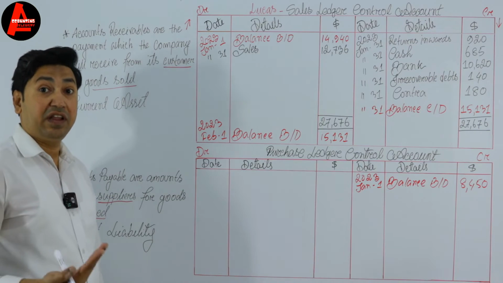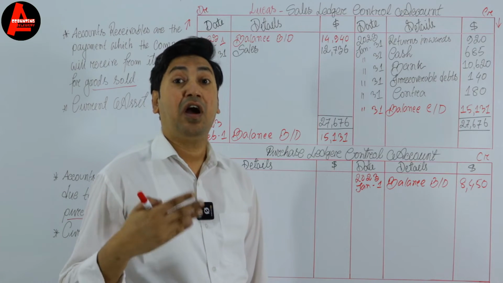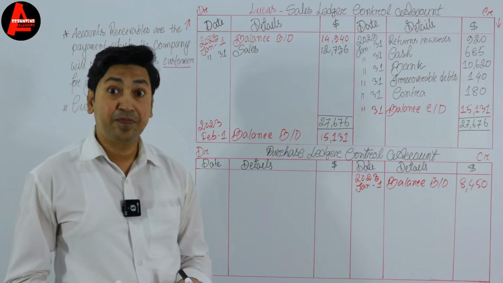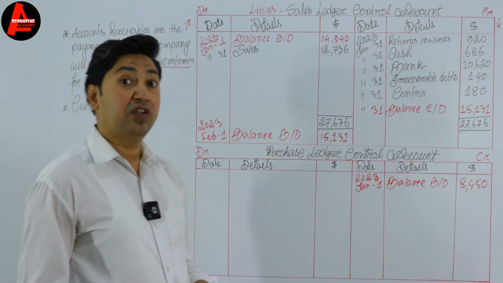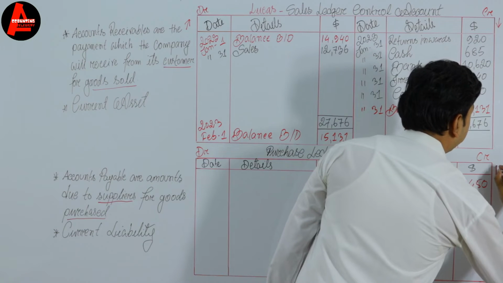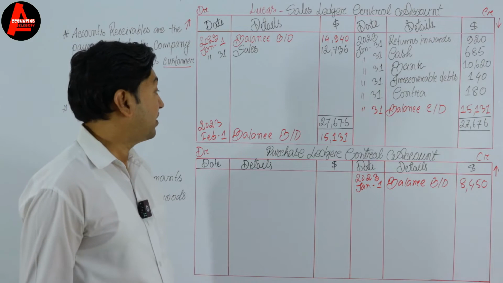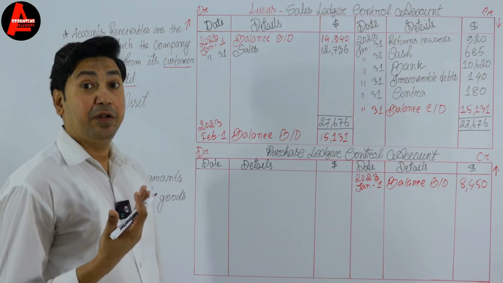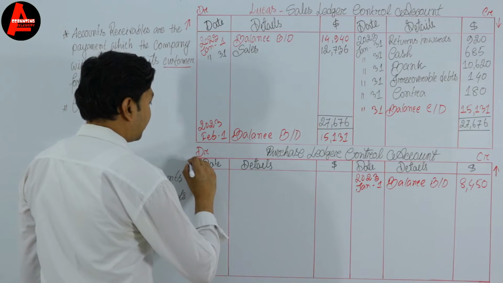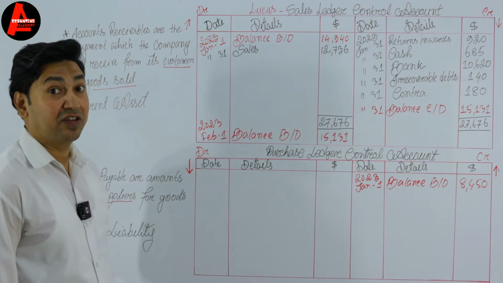If you think that by making any transaction the accounts payable liability of the business of Lucas will be increasing, in this case you will record on the credit side. If it increases we will write on the credit side, and if you see your liability, meaning trade payable balance, is decreasing, we will record on the debit side. Just opposite of sales ledger control account.